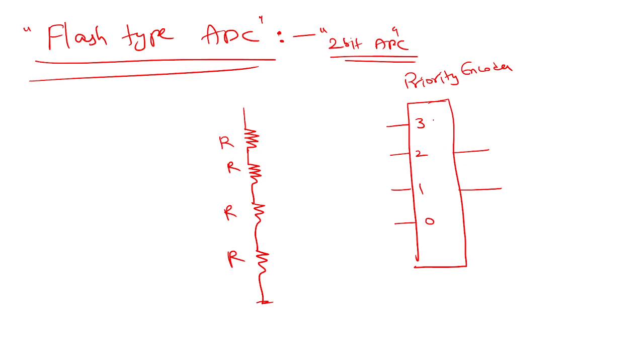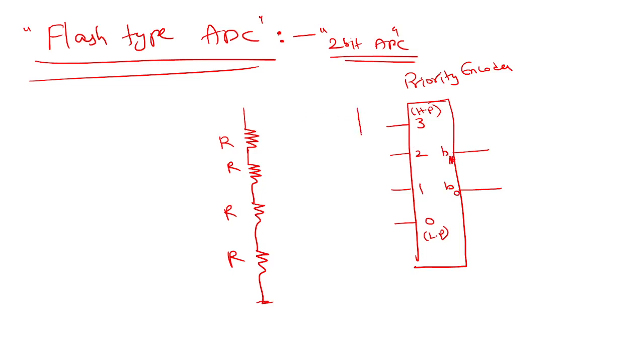Correct. This is highest priority, this is lowest priority. So the output is B1, B0. Are you getting it?